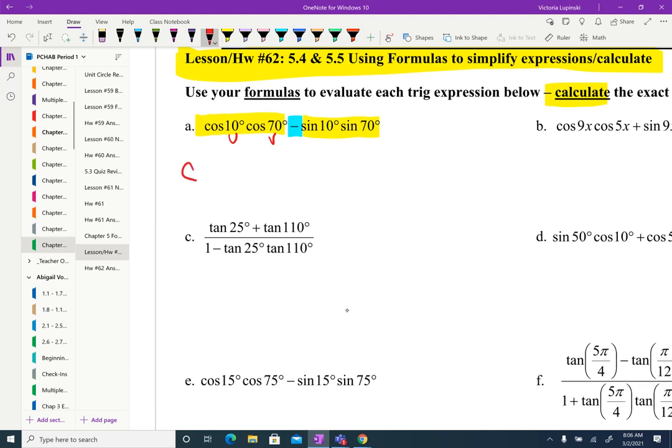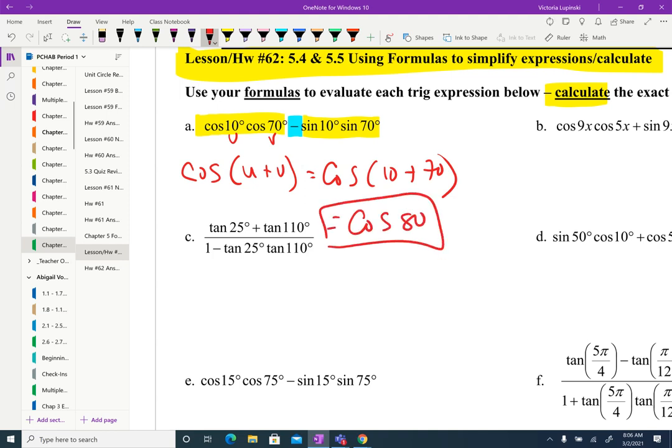So you're going to take that right-hand side and rewrite it as the cosine of u plus v, which in this case would be the cosine of 10 plus 70. 10 plus 70 is 80, which means your final answer is the cosine of 80.